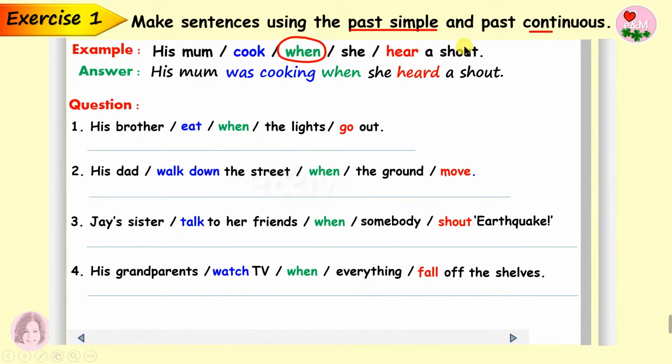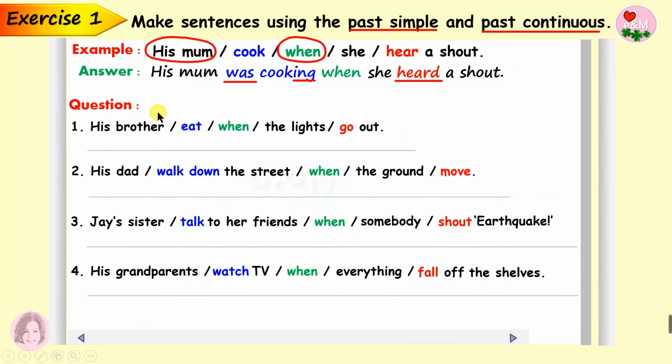And we use past continuous before when. The subject is his mom, so we follow with was. So his mom was cooking. Was cooking is past continuous. When she heard a shout, heard is past simple.